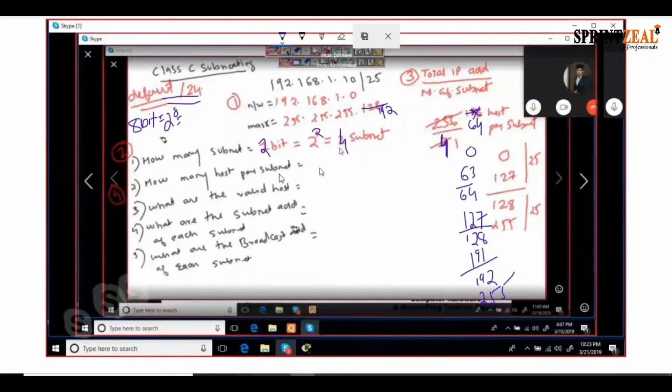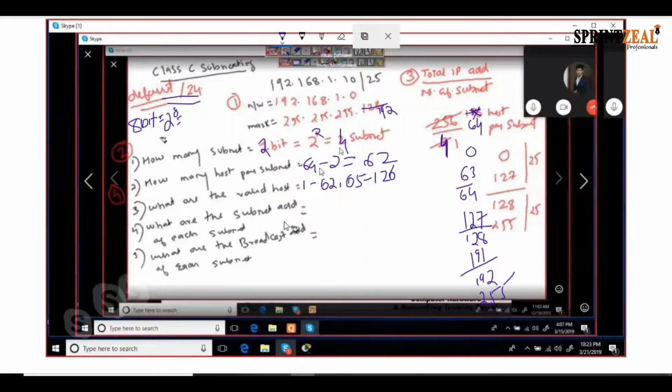Now how many hosts per subnet? Total 64, but less 2. So total is 62 hosts per subnet. What are the valid hosts? In between, let's say from 1 to 62, comma, 65 to 126, like this in between.